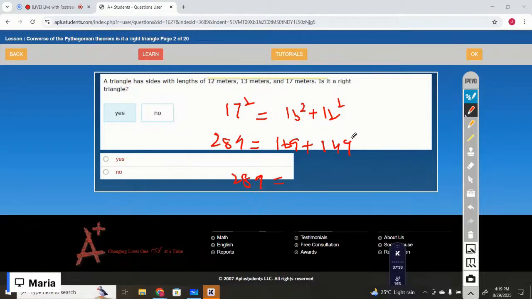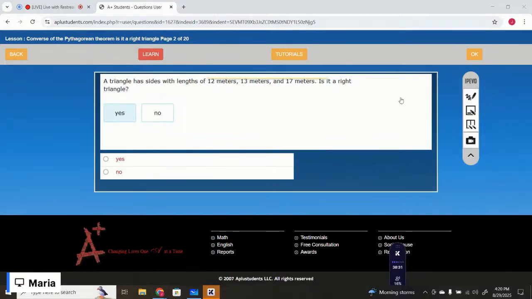So they are not equal. The correct option is no, that is not a right triangle.